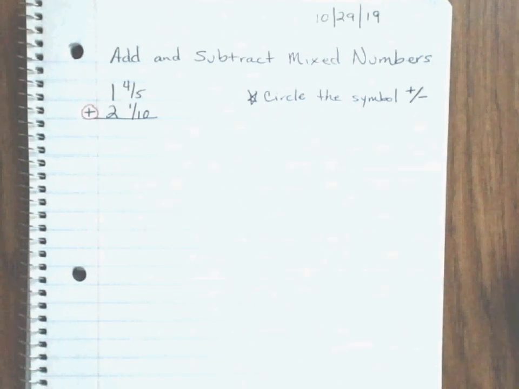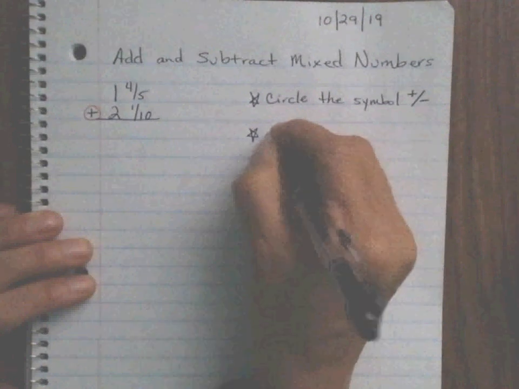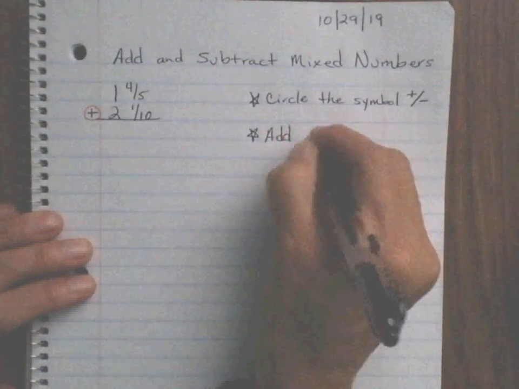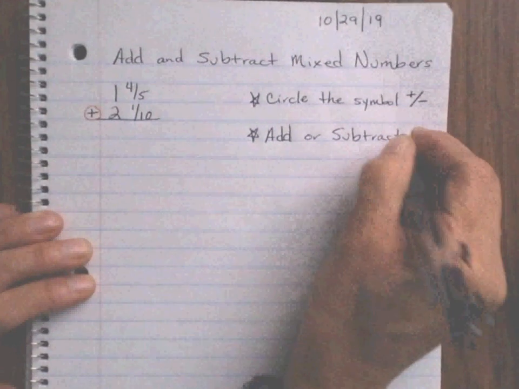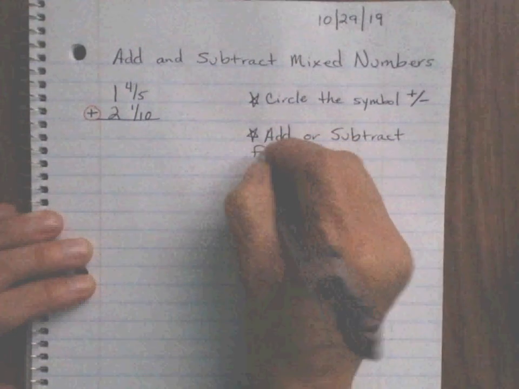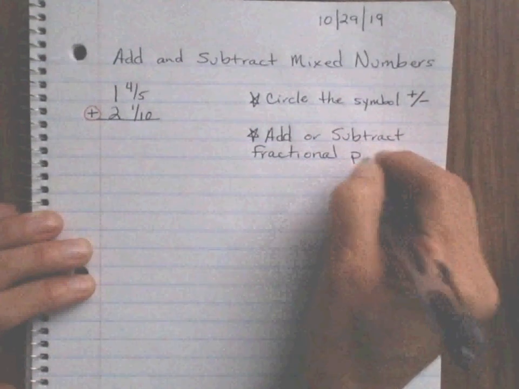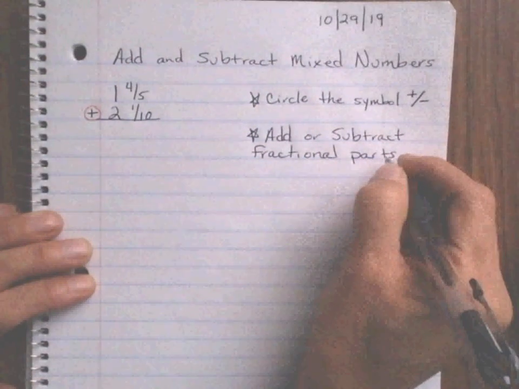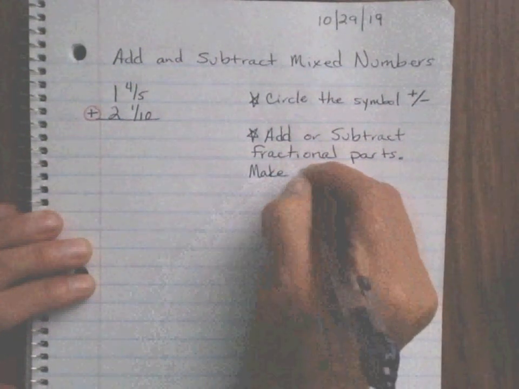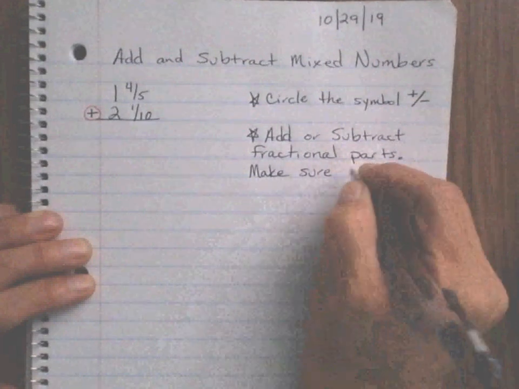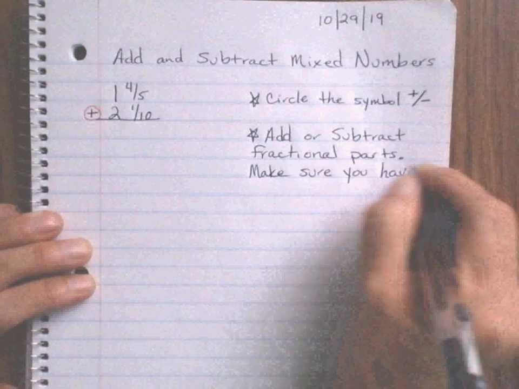Step 2, add or subtract fractional parts. Make sure you have common denominators.